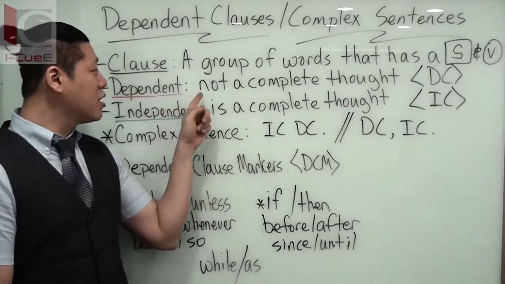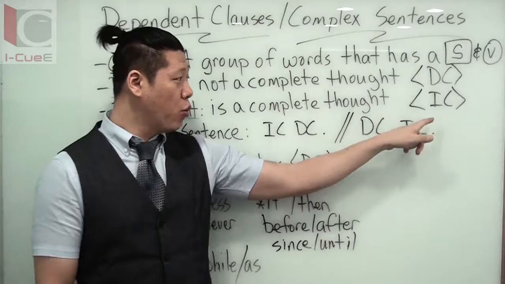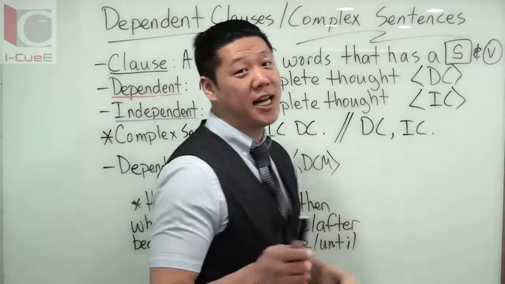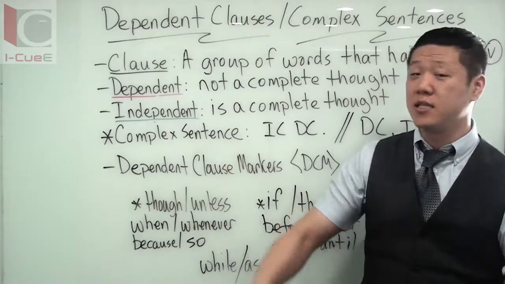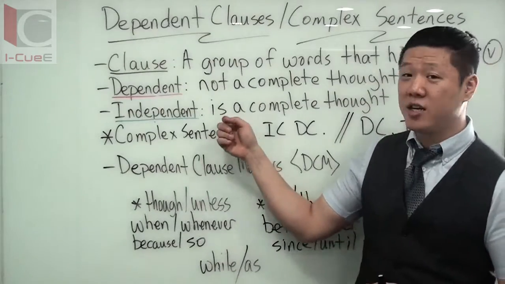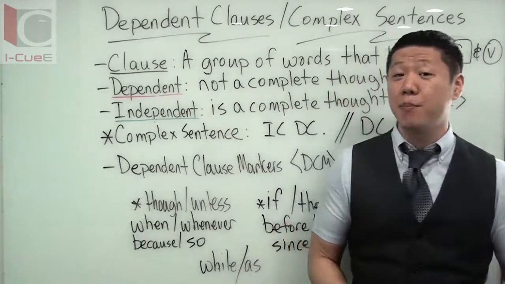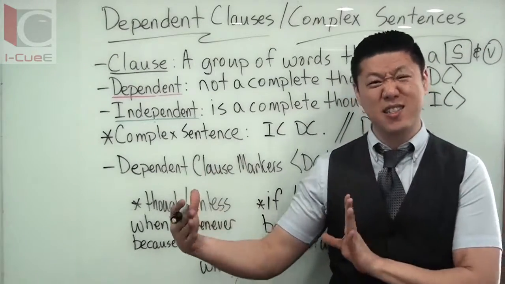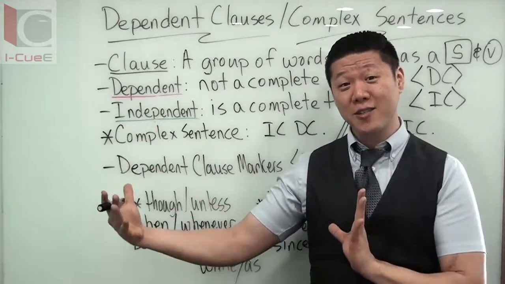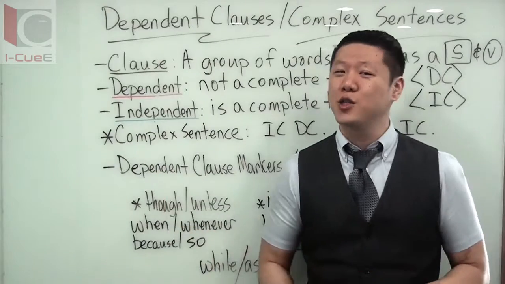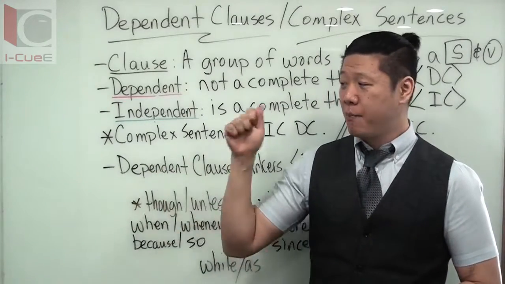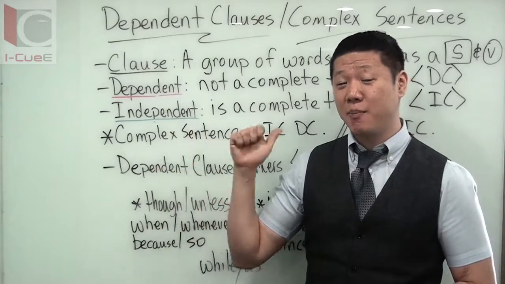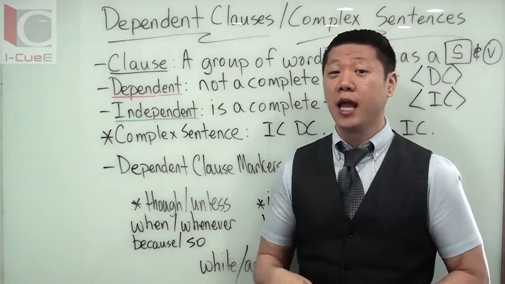So if a dependent clause is not a complete thought, then what is an IC? An IC is an independent clause. An independent clause is a complete thought. Now, you've heard our definitions before. What is a sentence? A sentence is a complete thought, but it also needs to have punctuation at the end, and in the beginning it needs to have a capital letter.